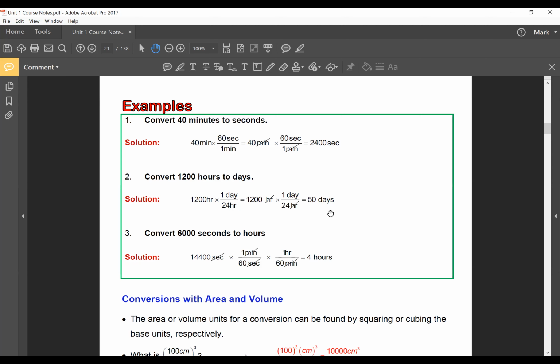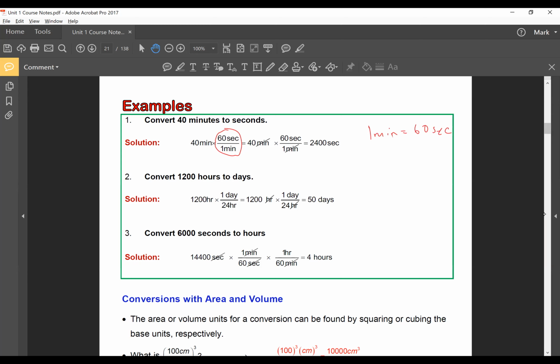The unit cancellation method is to use, again, what I'm going to call the conversion factor. I know that 1 minute equals 60 seconds, and I'm going to turn that into a fraction. And I'm going to organize my fraction, the top and the bottom. The numerator is the top, the denominator is the bottom.